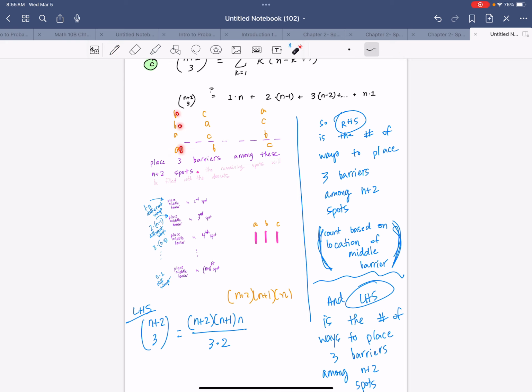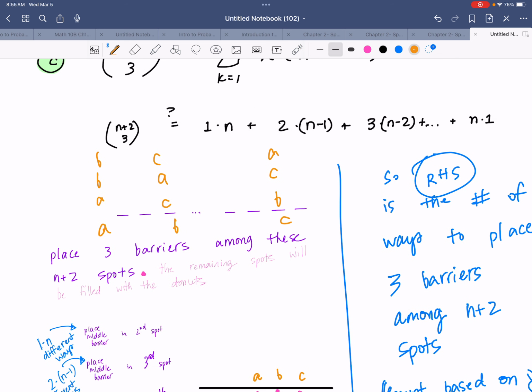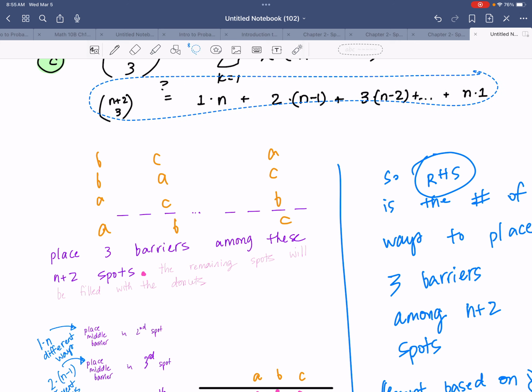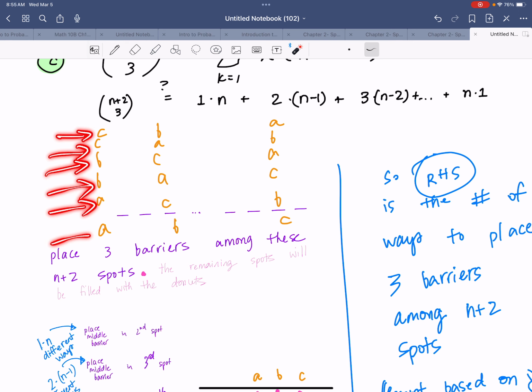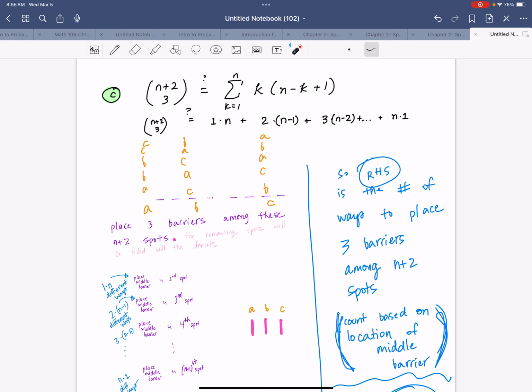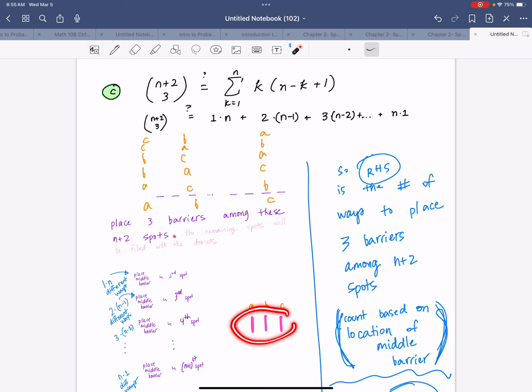And all 6 of these represent the same placement when I'm using the barriers instead of using the letters.